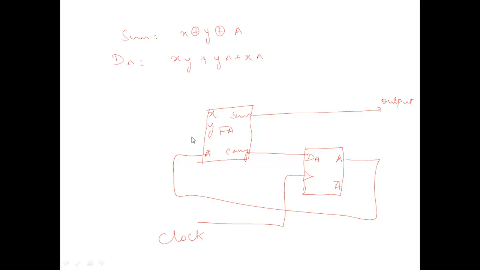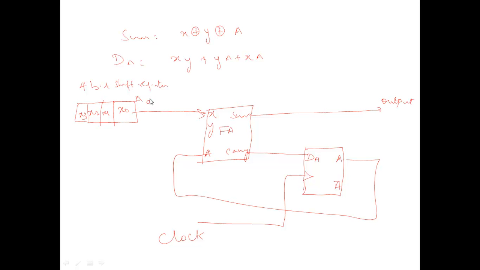Okay, and for this X and Y input, what you can do is you can use a shift register. Say for example, if you want to add a 4-bit number, you are having a 4-bit shift register which is having X0, X1, X2, X3 given to the X input.